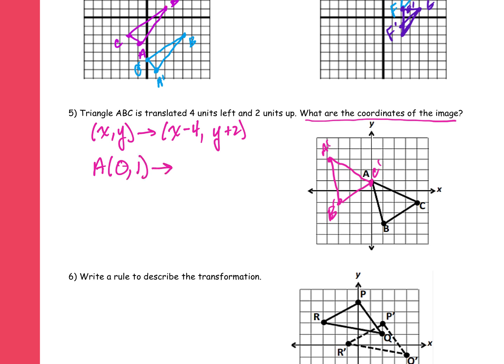And it goes to A prime, which is located at negative 4, 3. And then B is located at, where's B at? 1, negative 3. Beautiful. And that's going to go to B prime, which is located at negative 3, negative 1.